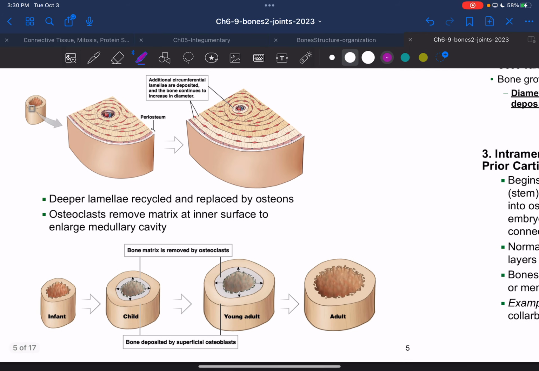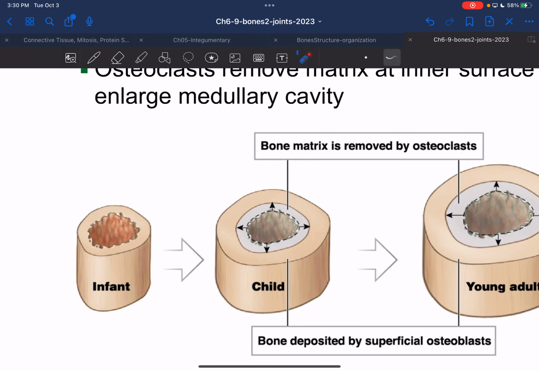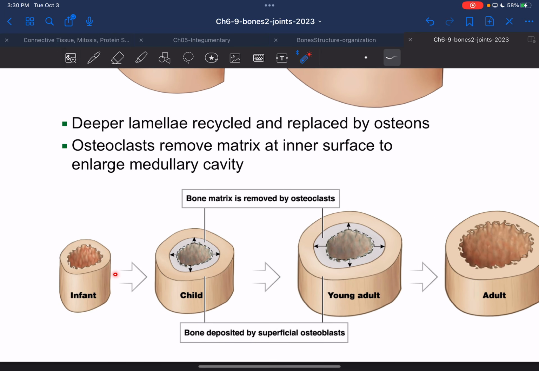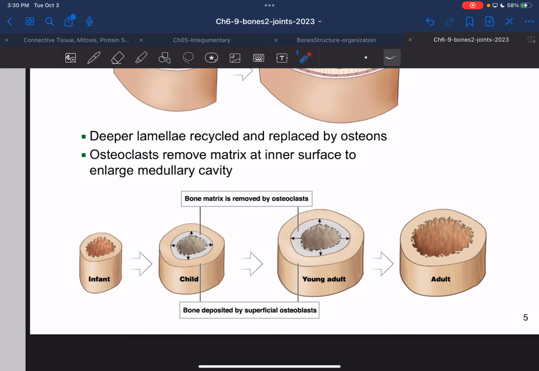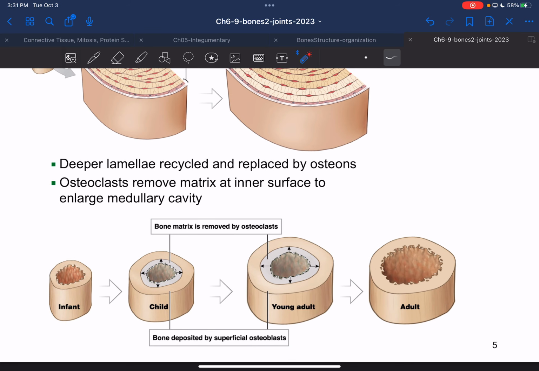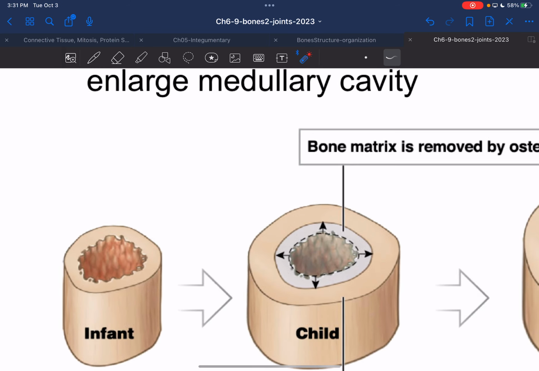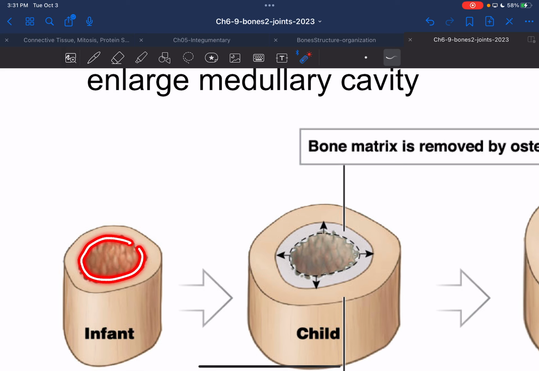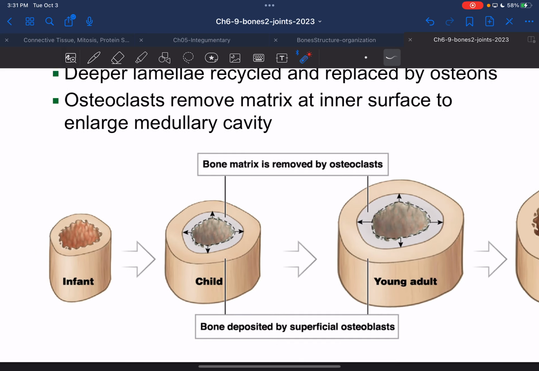And so if we look at what's going on during infancy, you can see that your bones will increase in diameter because they are undergoing appositional growth. But there is something that must change, in most instances, when you need to increase the size of this medullary cavity.